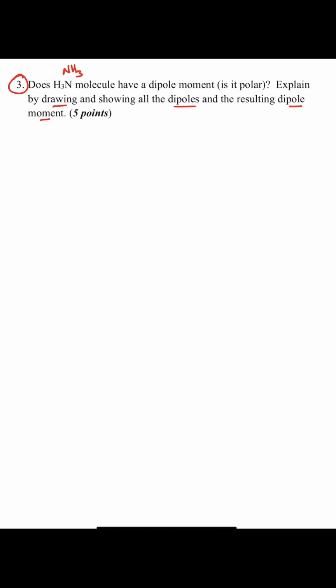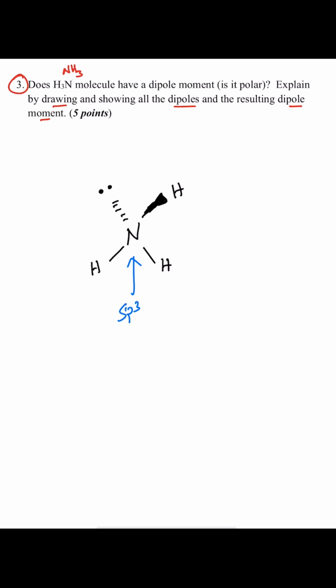So first of all, we have to draw a three-dimensional representation of ammonia, where nitrogen is the central atom, and then you have two hydrogens on the same plane, because that nitrogen is sp3 hybridized, so it's tetrahedral, and then you have the other hydrogen coming out, and then you have the remaining electron pair going in. So we see that nitrogen here is tetrahedral, so I'll say sp3, which means it's tetrahedral geometry.